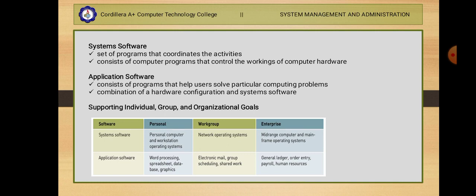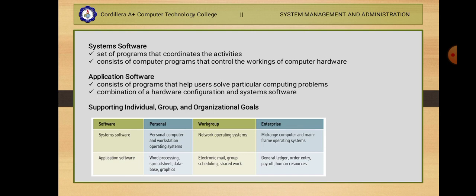Yung documentation dinidescribe niya yung program functions para matulungan yung mga user na i-operate yung computer system. So the program displays some documentation doon sa screens, while other forms appear in external resources such as yung mga printer manuals natin.